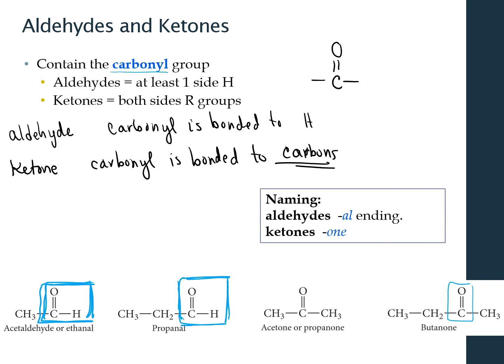Now for the third one and the fourth one, you see your carbonyl right here. You don't have a hydrogen bonded to that carbonyl. Look, you see how this is a CH3. These 3 hydrogens here are not bonded to the carbonyl carbon. These three hydrogens here are bonded to that first carbon like this.